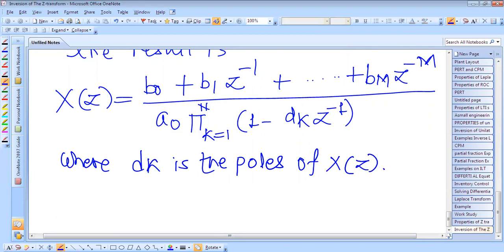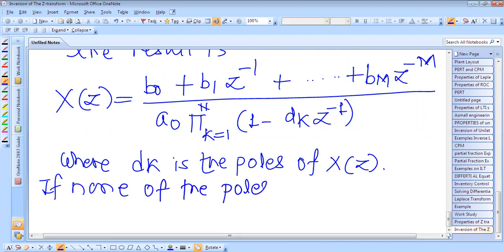If none of the poles are repeated, then use the partial fraction expansion.